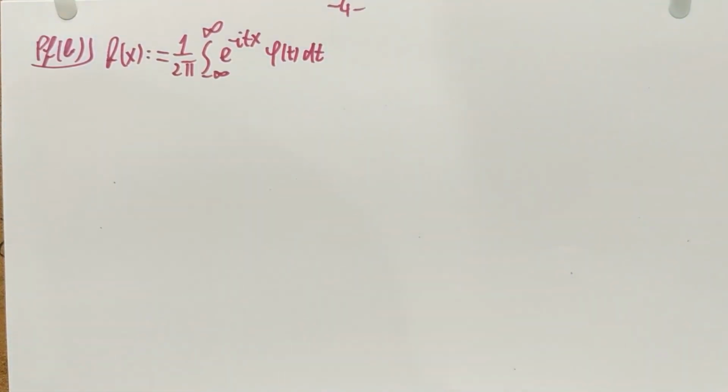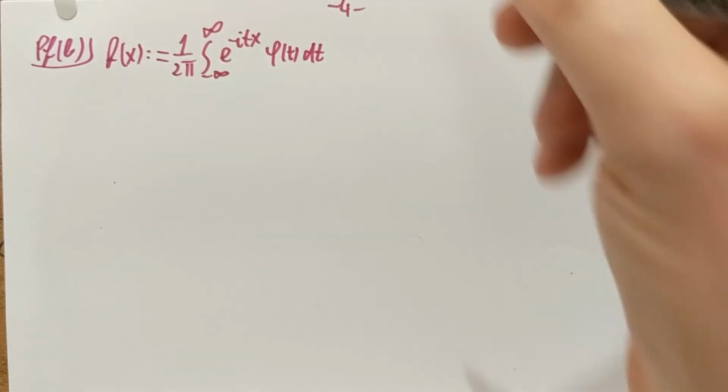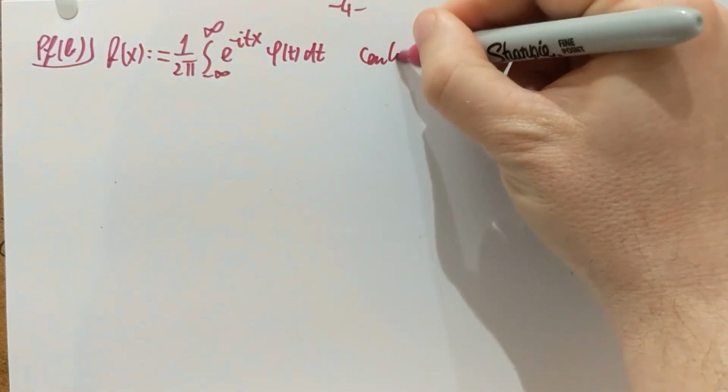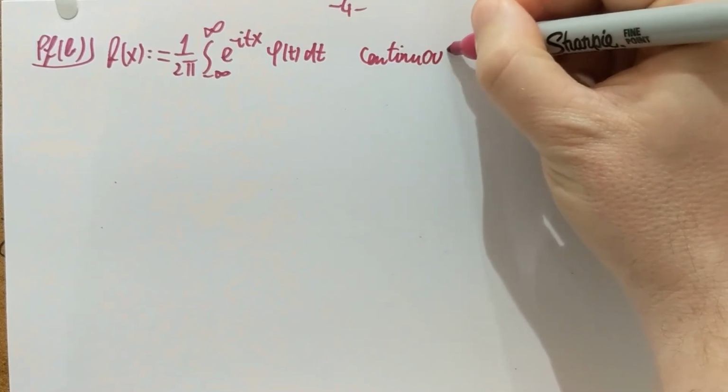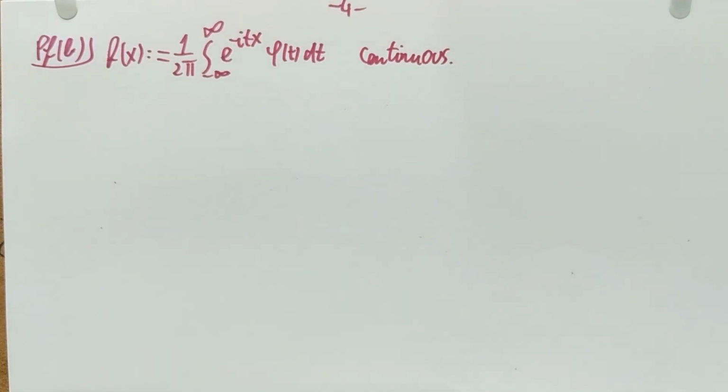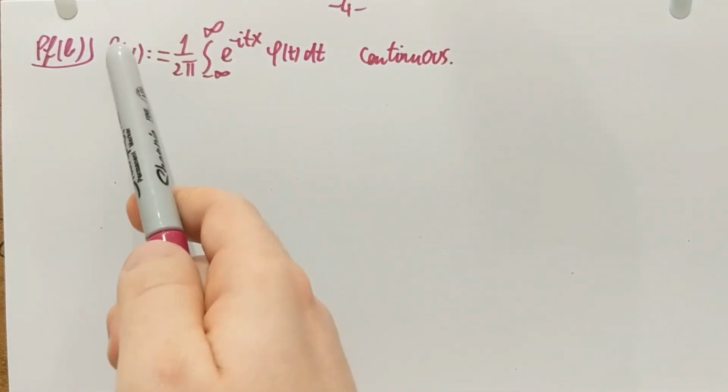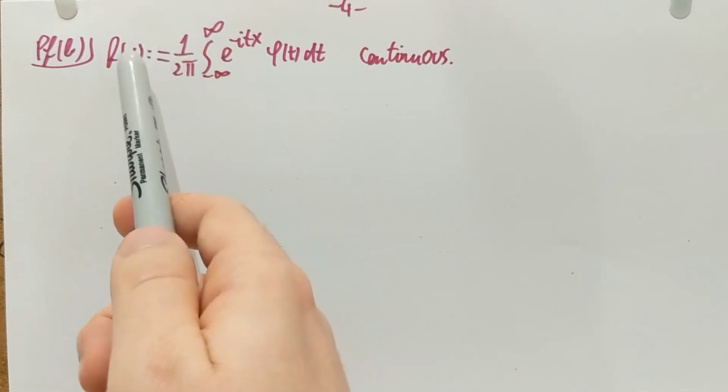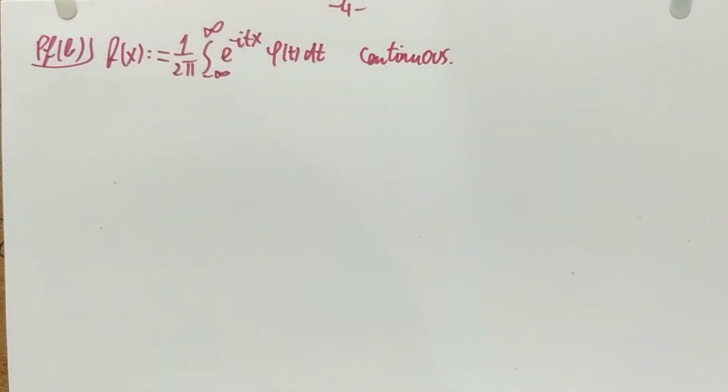And moreover, you can convince yourself that this is a continuous function. I'm not going to do this right here. You just want to show that if you converge with some sequence to x, then this integral will converge, and you can do this using dominated convergence. I'm not doing that here.